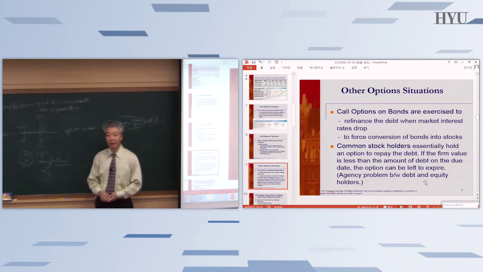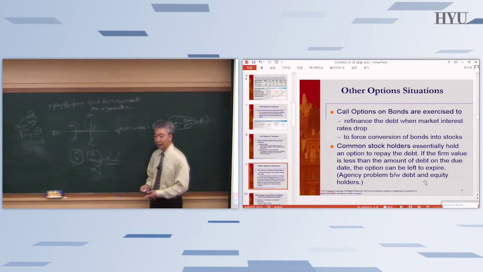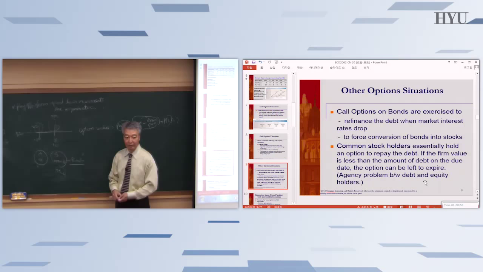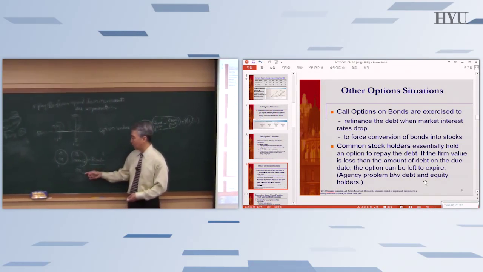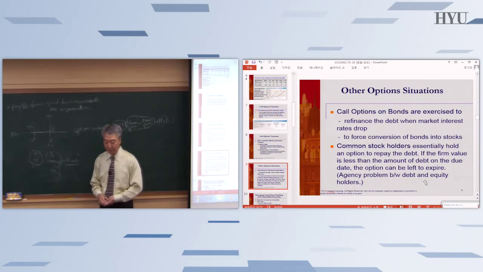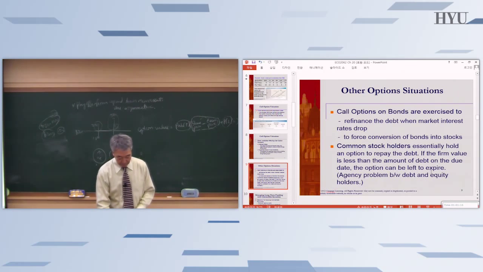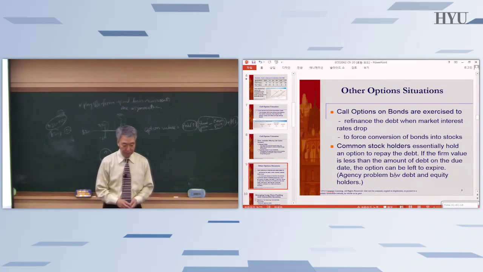In short, you would do that in the worst situation. Maybe you're not really in bankruptcy, but in the worst case, you can decide not to pay the debt. So stockholders have an option to either pay or not pay the debt. That's a funny thing to say, but you can say that's the agency problem.